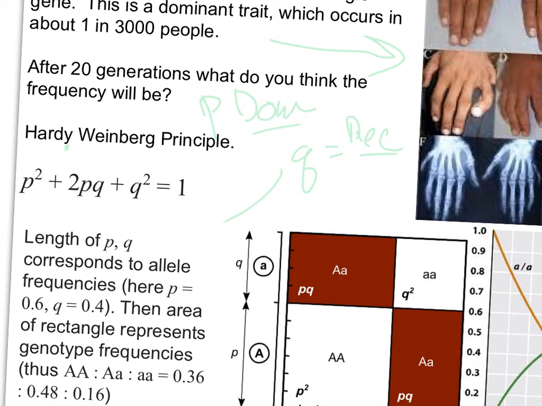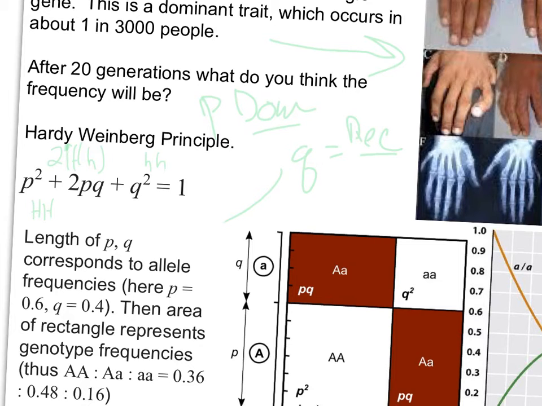So if it's p squared, that would be H H, q squared would be little h little h, and then the heterozygous would be here, so the 2pq would be 2 times capital H, lowercase h.